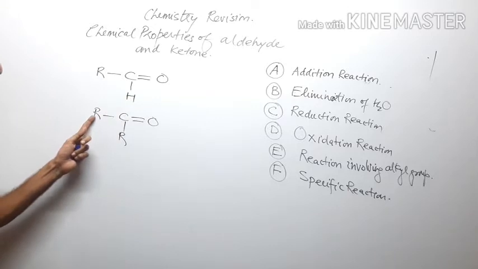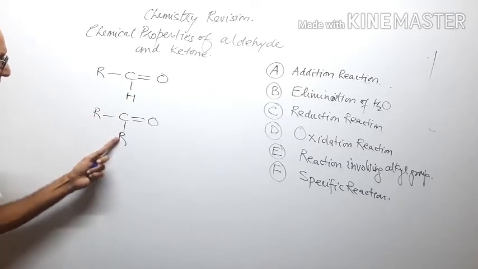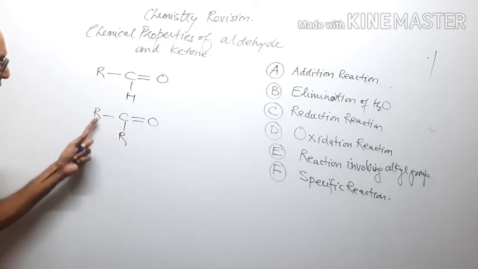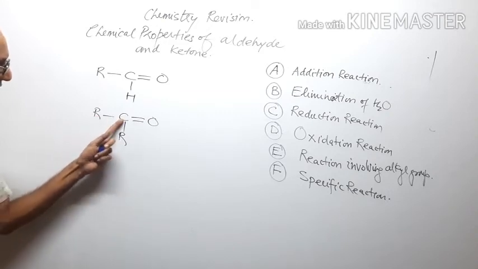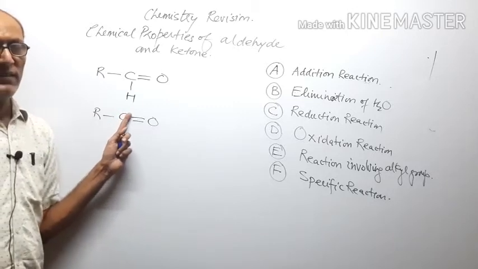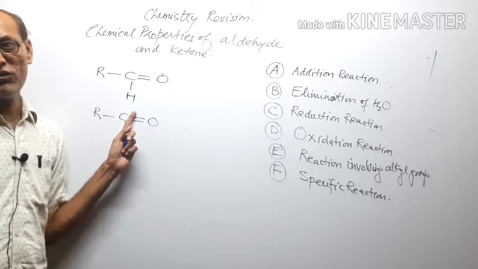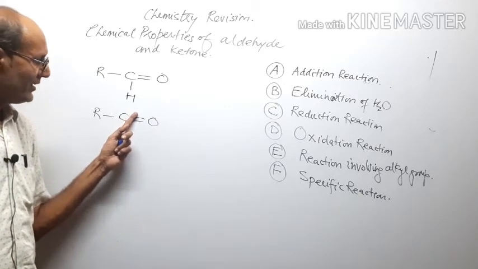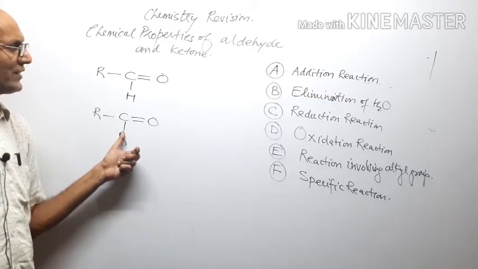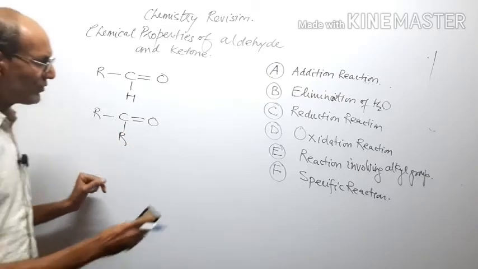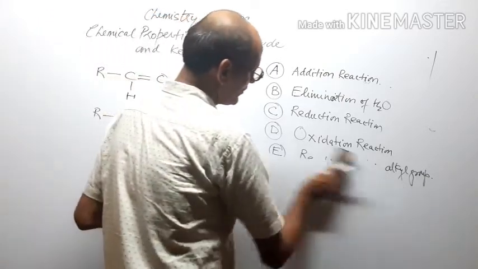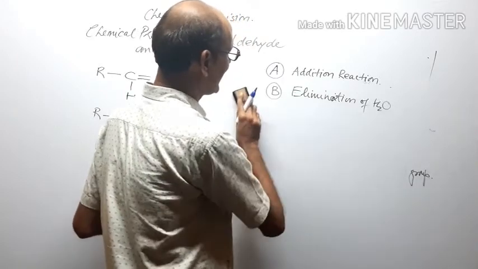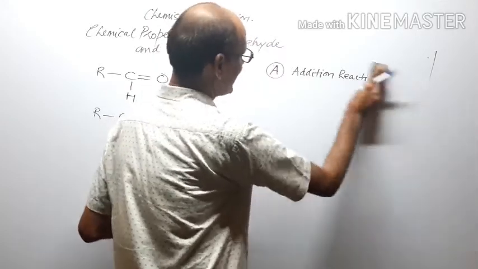Alkyl groups are electron repelling groups. When these two groups are attached to this carbon, they increase the electron density at carbon, so the carbon has more negative charge. That's why nucleophilic addition will be slower in case of ketone. So now I am going to explain the addition reactions of aldehyde and ketones.